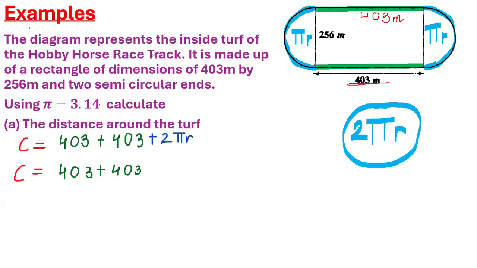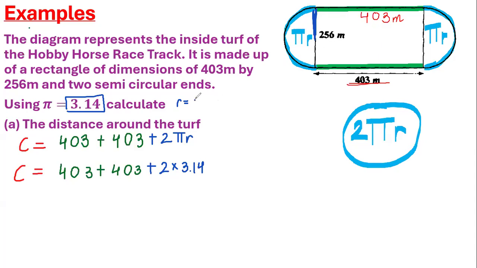All right, so plus, what is pi in this case? Pi is 3.14, so we're gonna put that down. So 2 times 3.14. And what is r? R is gonna be half of 256, right?